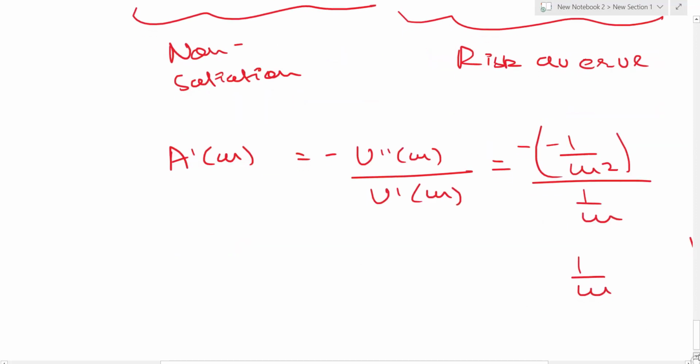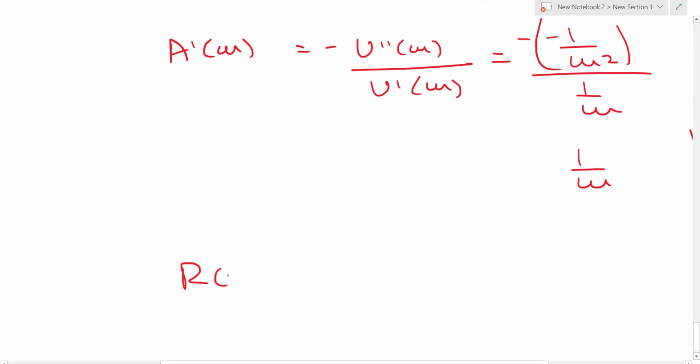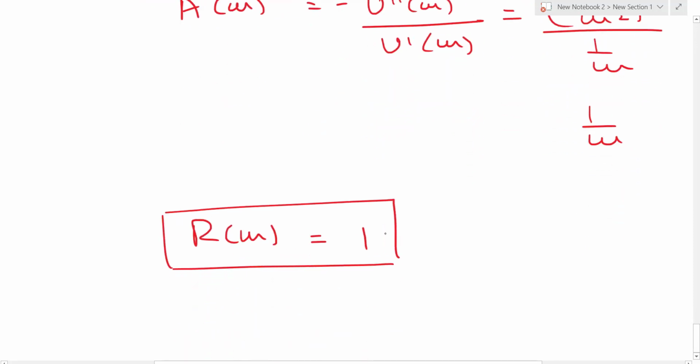And what would be your relative risk aversion measure? R of w. This is not a dash w, this is a of w. R of w is just a of w multiplied with w, so this will be equal to 1. This is an example of a constant relative risk aversion, I told you. So r of w comes out to be a constant.